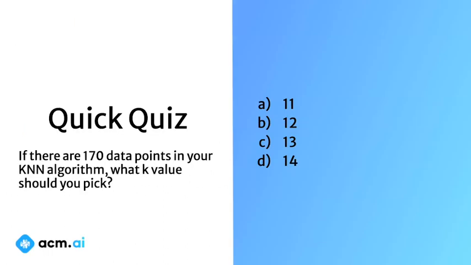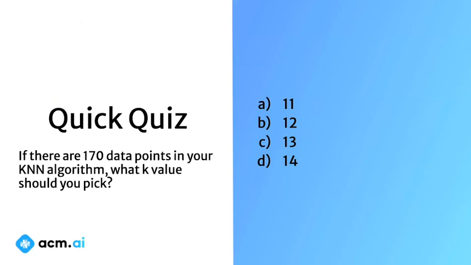All right, so now here's a quick quiz. If there are 170 data points in your KNN algorithm, what k value should you pick? Sorry? C? 13. Can you explain why? Yeah.